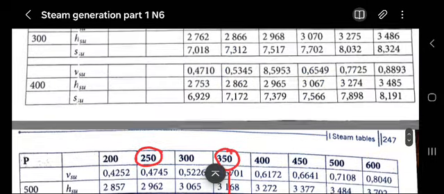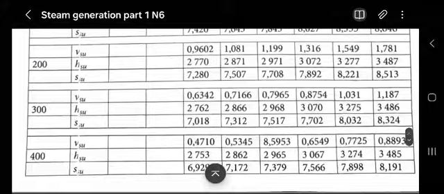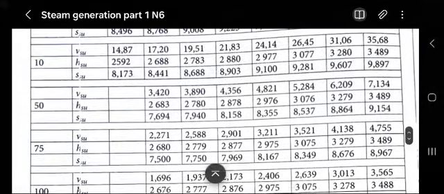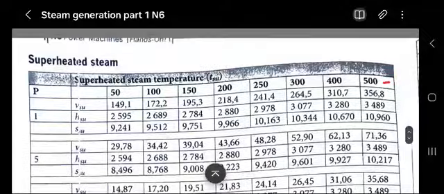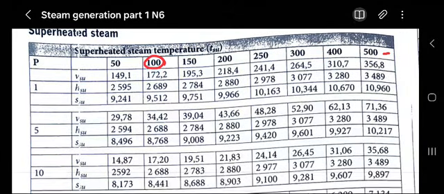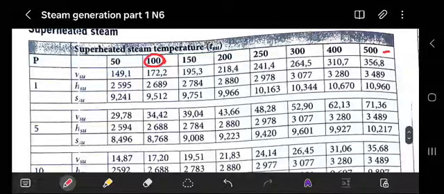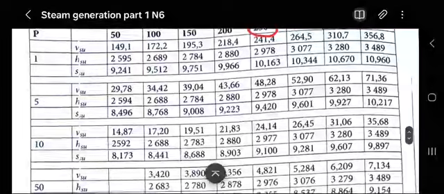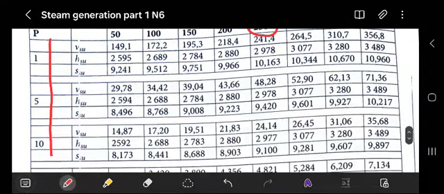Where is 100? Here is 100. It's 100 and we are looking at a temperature of 250. Then here is the pressure going downwards.